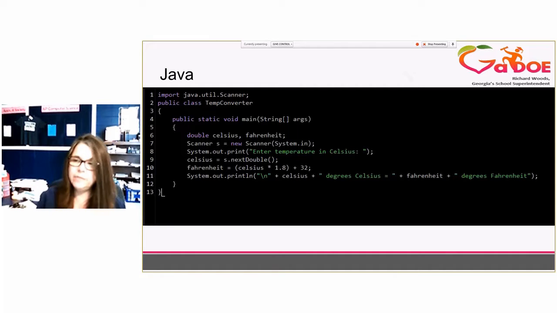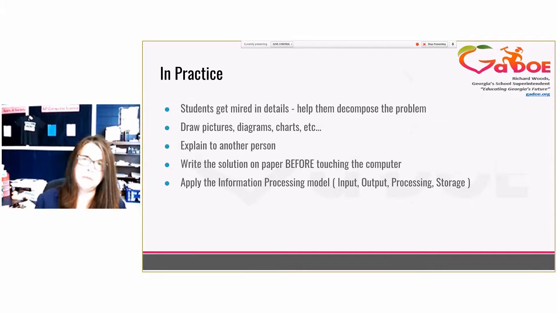So a lot of little pieces, and a lot can go wrong in there. One of the common errors is they'll do the opposite conversion, or they will label it the opposite way. So a lot of room for learning and teaching in these examples.